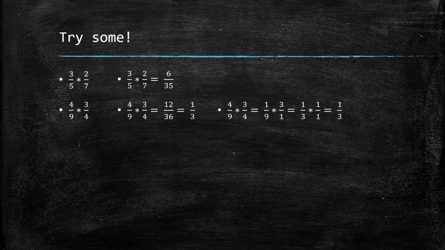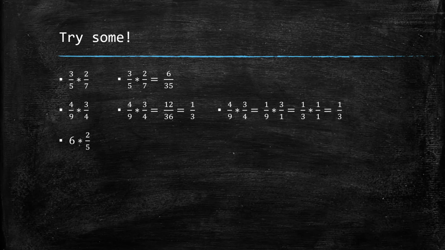So let's do that, and then we're left with 1/3 times 1/1, and now we multiply straight across. 1 times 1 is 1, 3 times 1 is 3, and we end up with 1/3, which is the same number we came up with over here. So if you do it correctly, it doesn't matter if you simplify after you multiply, or if you simplify before you multiply. You'll get the same answer either way.